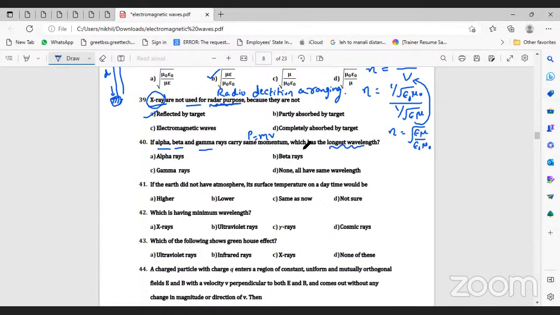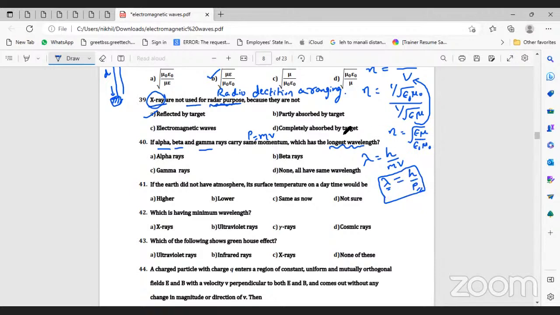You know that the de Broglie wavelength for any particle is given by lambda equal to h divided by m into v, or lambda equal to h divided by p. How are the de Broglie wavelength and momentum related? Lambda and p are inversely proportional.